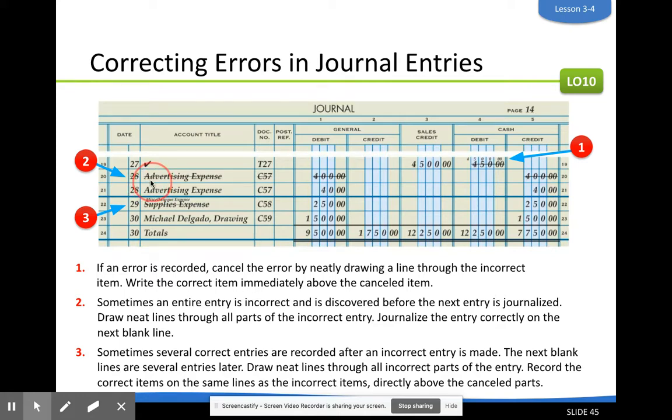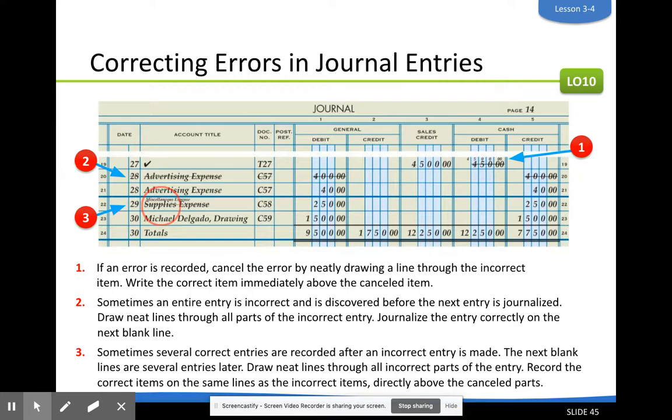Finally, number 3, if several correct entries are recorded after an incorrect entry is made, what do you do with the incorrect entry? Well, that's when you just have to write it small, right above the error. Now, because we are using MindTap, the situation is a little bit different.